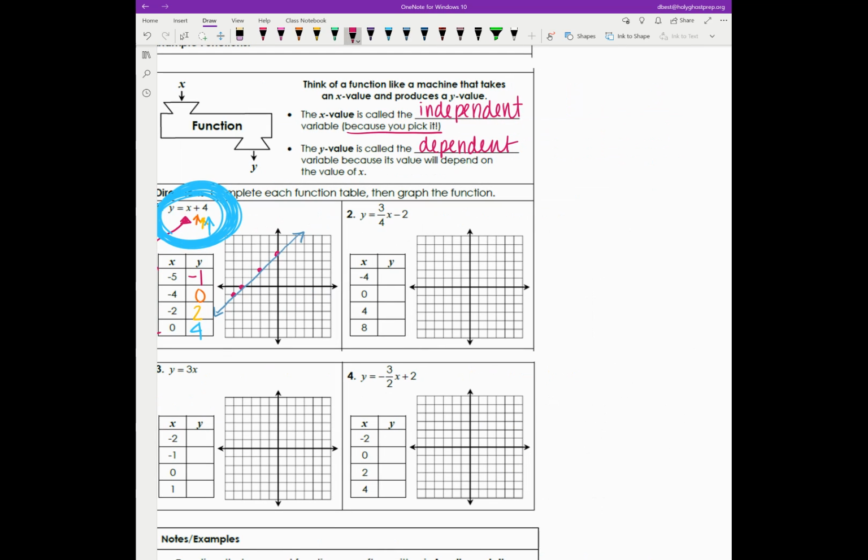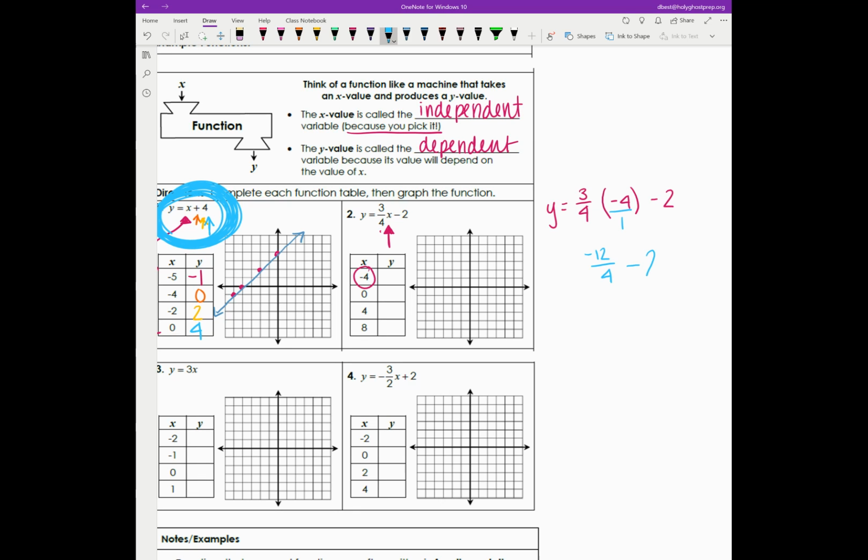Okay, I know we love fractions, but I think these are going to cancel out pretty nicely. For each of these x values, we're going to plug it into our equation for number 2. So we have y equals 3/4 times -4 minus 2. Remember, your order of operations says to multiply first. So I'm going to do 3/4 times -4, which gets me -12/4.